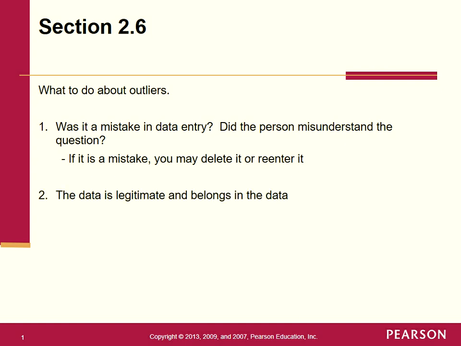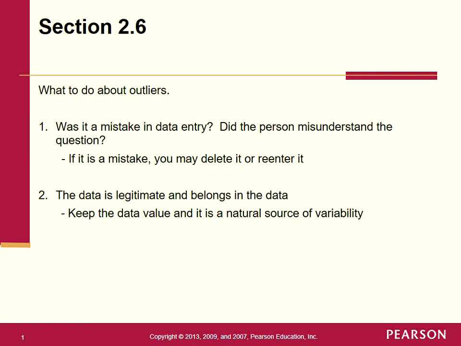What happens if the data is legitimate, though? Well, basically we have to keep it then. I shouldn't say that in every situation, but a lot of times we're going to be keeping it. It just belongs in the data set, and it's a natural source of variability, meaning the variability is going to go up because of that outlier, and that's natural for that variable.